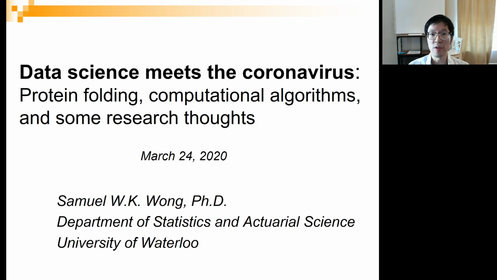Though today I will focus on one relevant aspect that I am most familiar with speaking on from a data science perspective, and that is protein structure. Don't worry, I will not assume that you know anything about proteins. In today's lecture, I will give you some background on how proteins play a role in the way this virus works.